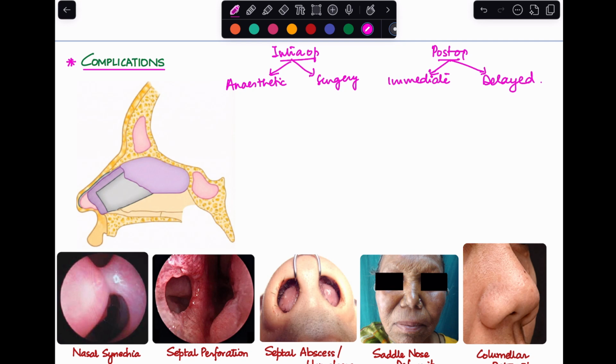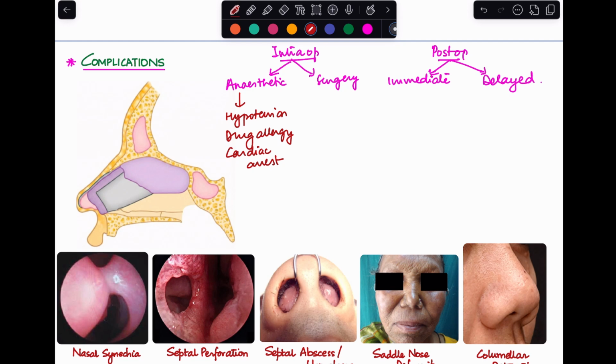So, this is what is going to be our base classification of complications. Now, let's talk about each one of them. So, first, let's talk about the intraoperative complications. So, the intraoperative anesthetic complications could possibly be hypotension from adrenaline that you use in the local anesthetic, or maybe the patient has some kind of drug allergy to one of the anesthetic gases being used, or the patient may even end up in cardiac arrest from anesthesia.